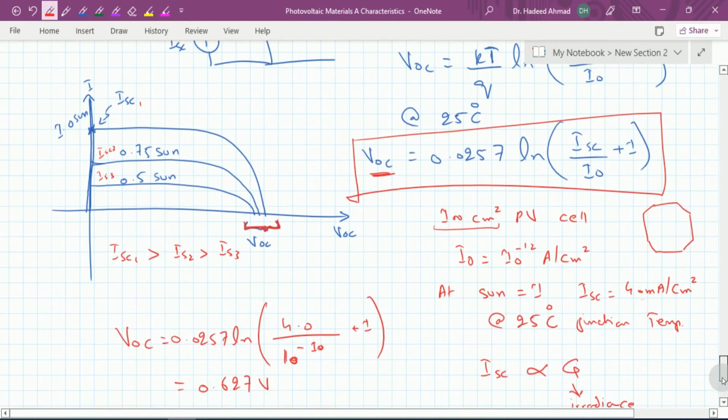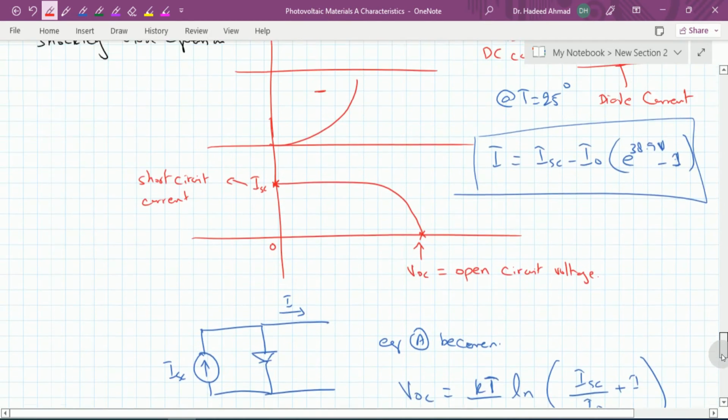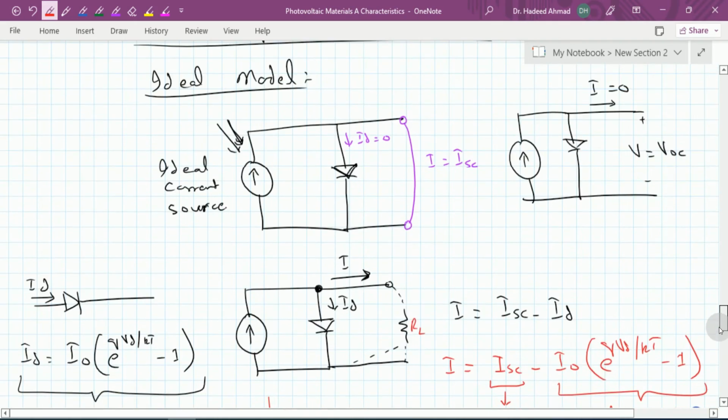Now this particular model of the PV cell is very simple. We have only 2 elements in it. It has an easy understanding, but it is not able to model the complete characteristics of a practical PV cell.